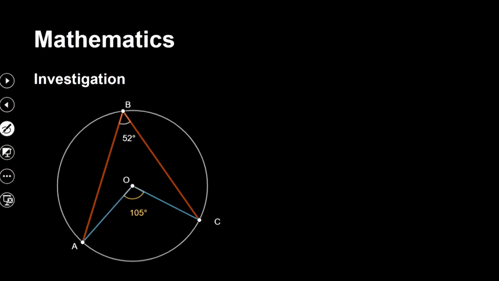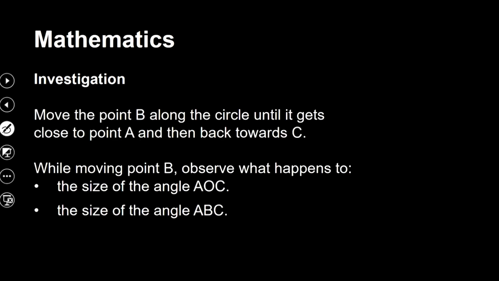Now, you can see that here, if this angle is 105 and that angle is 52, there is really no relationship between the two at the moment. You will then move the point B along the circle until it gets closer to point A, and then back towards C, right? While moving this, I want you to pay attention to AOC and ABC.